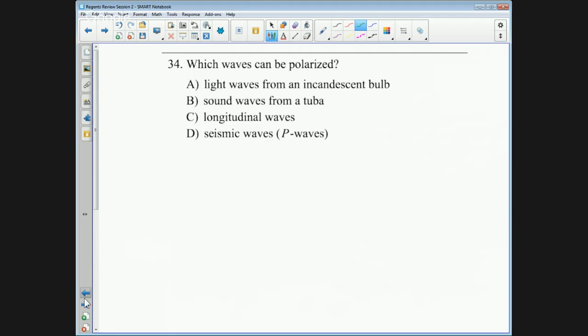Next, which waves can be polarized? The only waves that can be polarized are light waves. Okay, sound waves cannot be polarized. Longitudinal waves are sound waves, and seismic waves, which are primary earthquake waves, those cannot be polarized. The orientation of the waves cannot be changed. So polarized, only light.